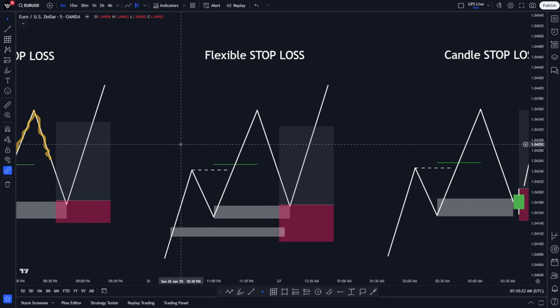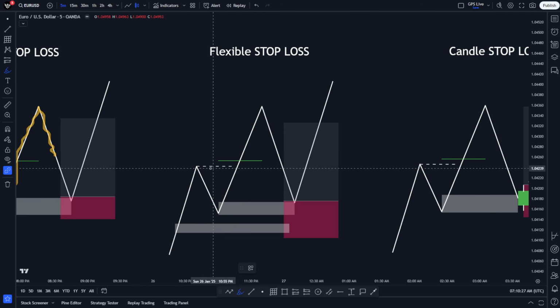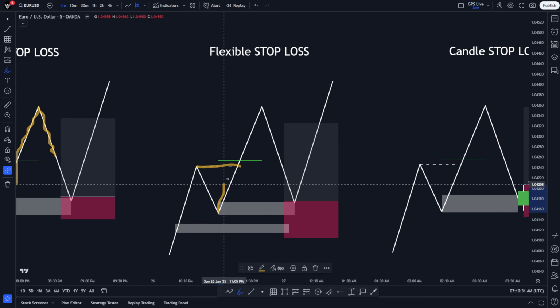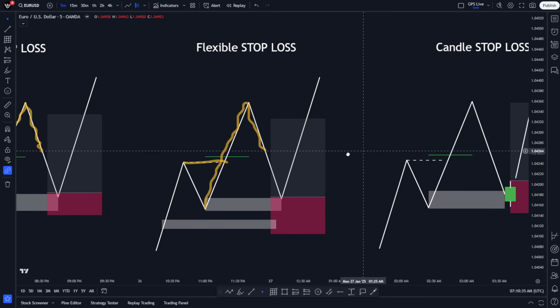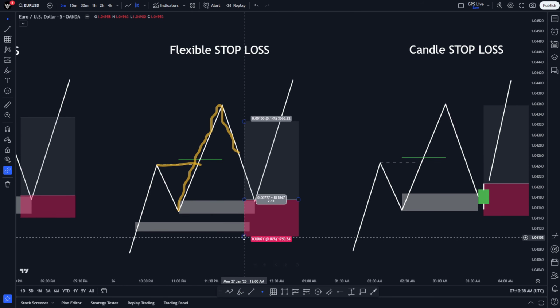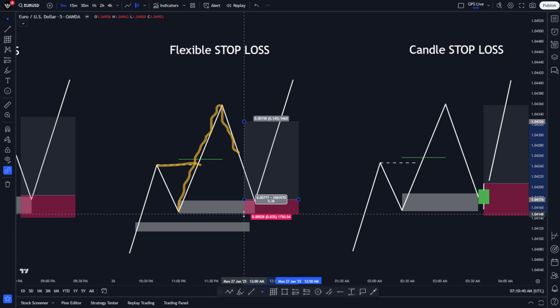Now let's look at flexible stop loss. The same way you use the first method, we got a BOS. The market goes up, proceeds to retrace, about to mitigate our POI. In this case, you just extend your stop loss to any other liquidity zone in the same place.